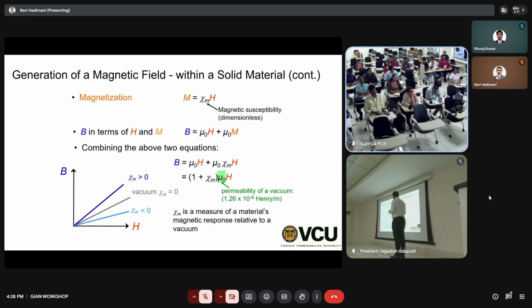So for highly magnetic materials or ferromagnets, the chi value is greater than 0, vacuum chi is 0, and some materials have chi less than 0. So these are three different materials. Does anyone know which are these materials? Chi less than 0, negative susceptibility. What kind of material has negative susceptibility? Diamagnets.